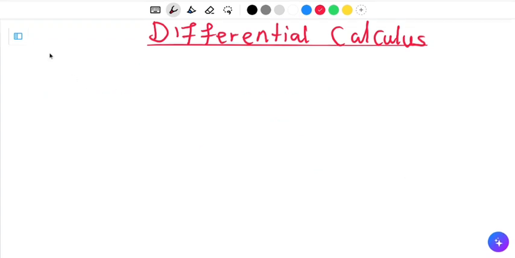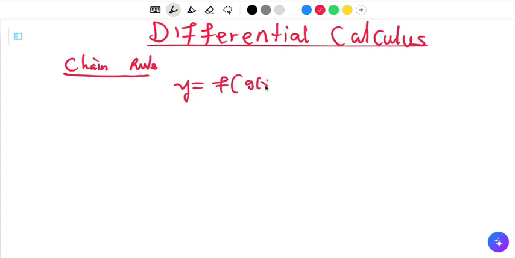What we are going to look at next is the chain rule. You need to know how to use the chain rule and when you're supposed to apply it. Let's say, for example, you have been given a function y being equal to f open bracket g of x close bracket.